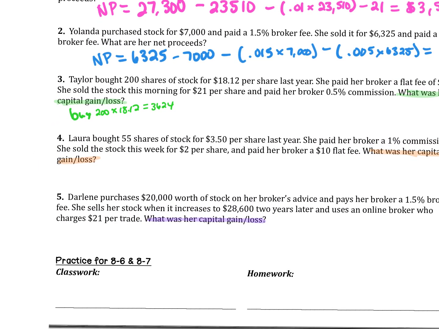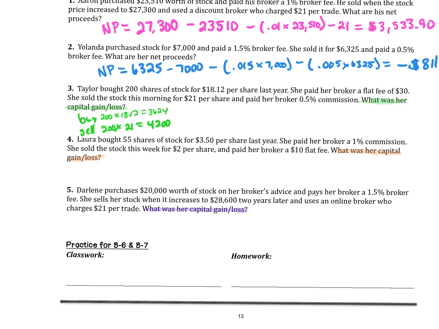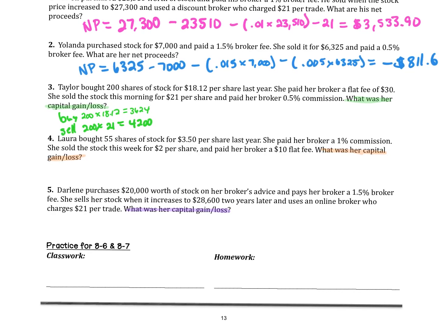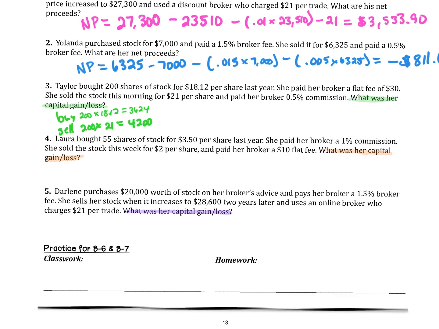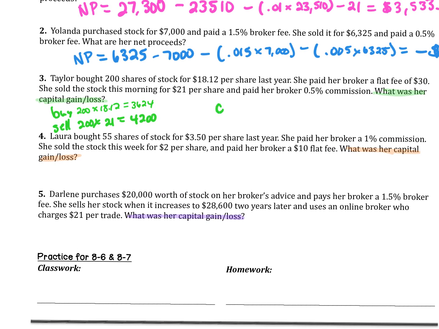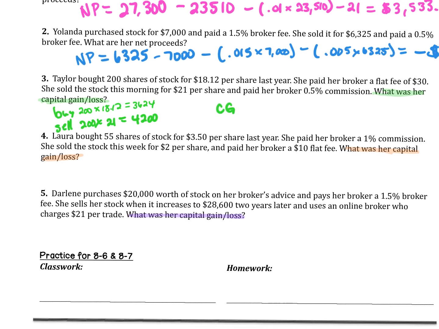Right, and then the sell was 200 times what? 21, and that's 4,200. This we know is a capital gain, right?